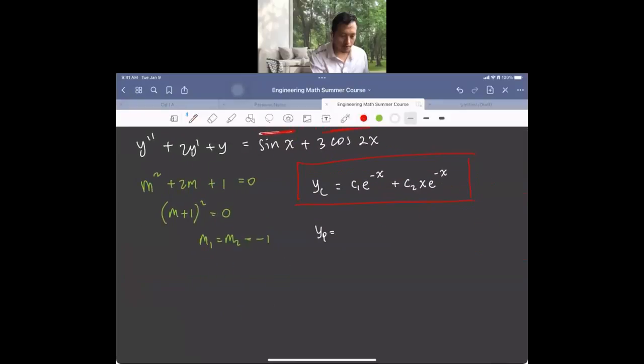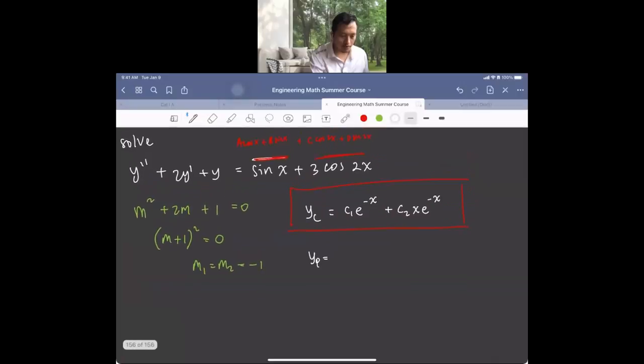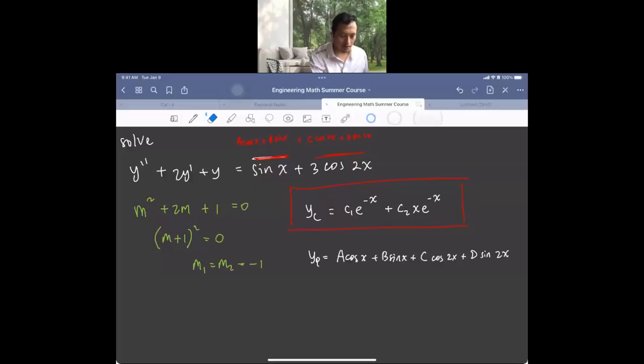So we have four components. So our proposed yp is a cosine x plus b sine x plus c cosine 2x plus d sine 2x.